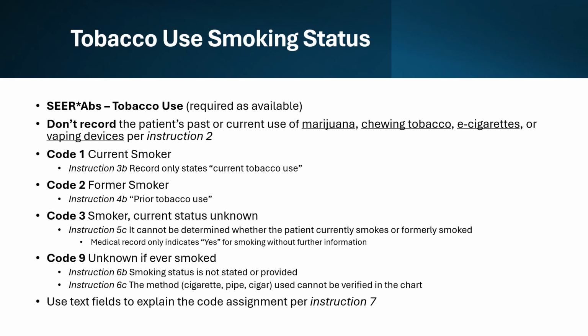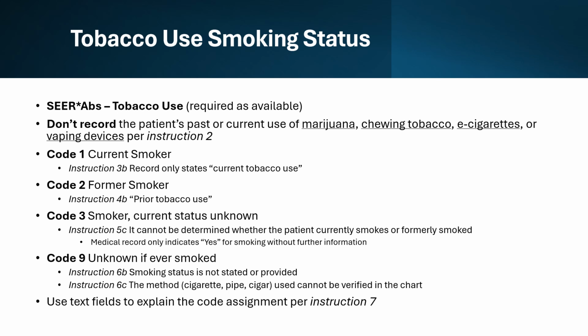And for Code 9, unknown if ever smoked, Instruction 6B states smoking status is not stated or provided, and 6C was also added. The method, cigarette, pipe, or cigar, used cannot be verified in the chart. Then you would code 9.